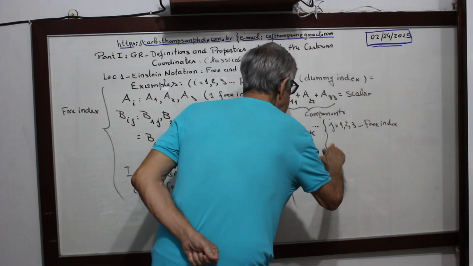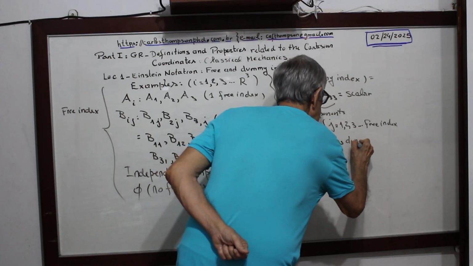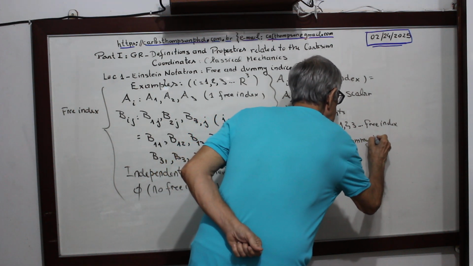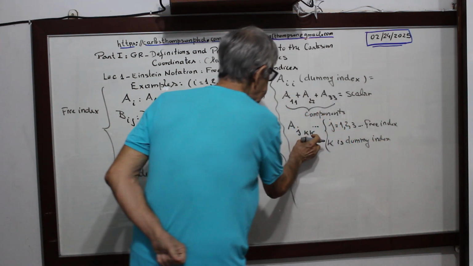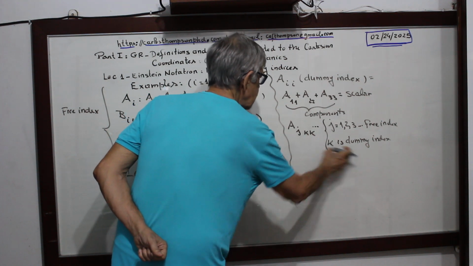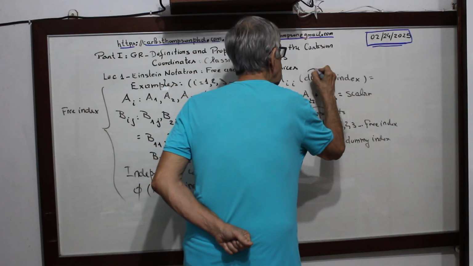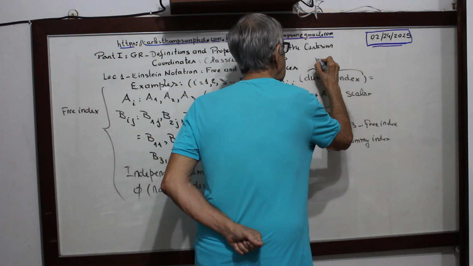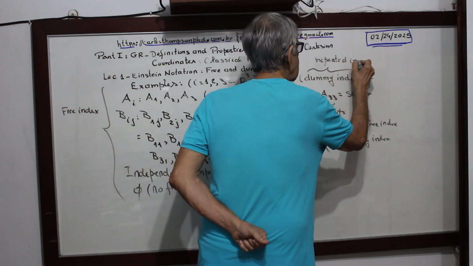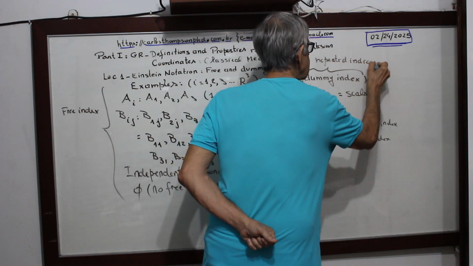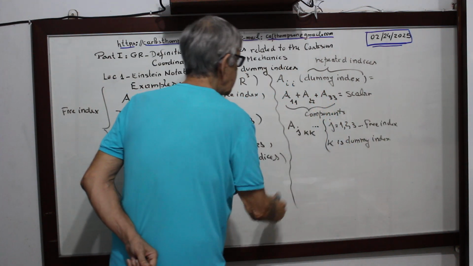In this case, not i, k is a dummy index. This is repeated, so it's dummy. Okay? So dummy, I'll put right here, repeated indices. This is a dummy. A dummy, you see?